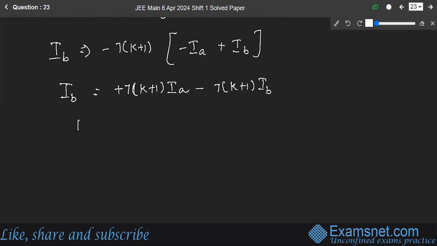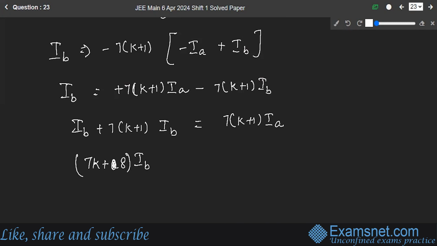Let's take it on the left hand side. So this IB is equal to 7(k plus 1) IA. So you have 7k plus 2. No, this will be, wait. This will be 7 plus 1, 8. IB, yes, is equal to (7k plus 7) IA.